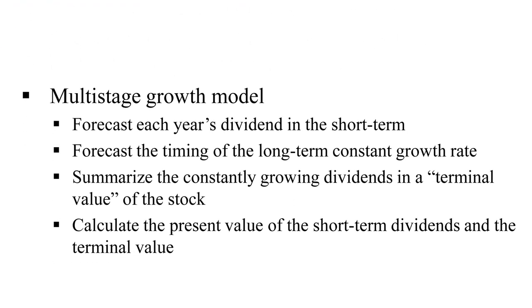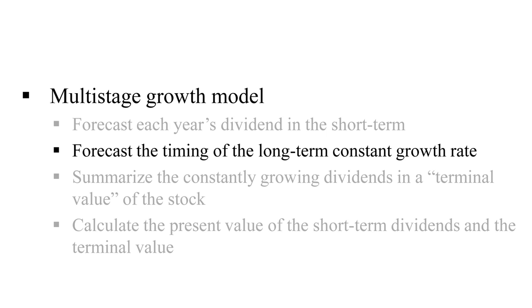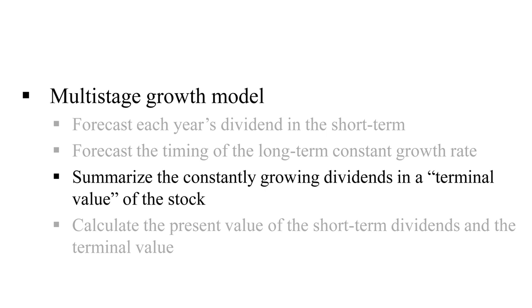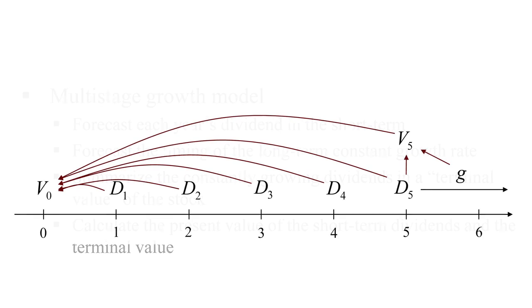In this model, we would make a forecast of each year's dividend in the short term, say for the next several years, and then we would forecast the timing where that long-term constant growth rate would kick in. This will allow us to summarize the constantly growing dividends in what we call the terminal value of the stock. And we can use this then to calculate the present value of both those short-term dividends and that terminal value. Let's see how this works.